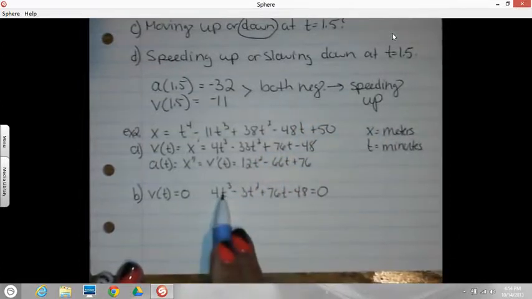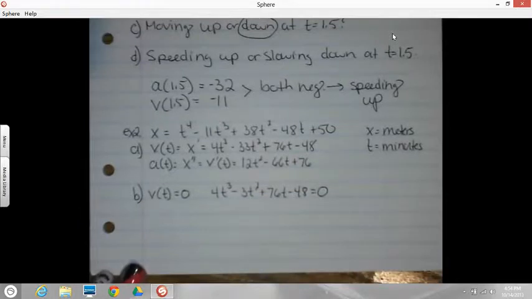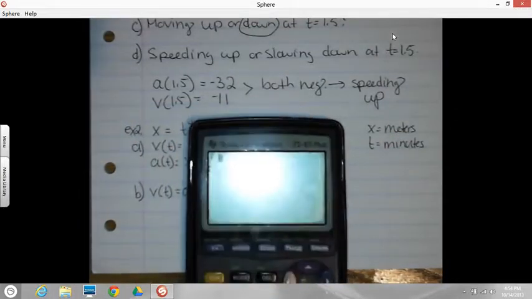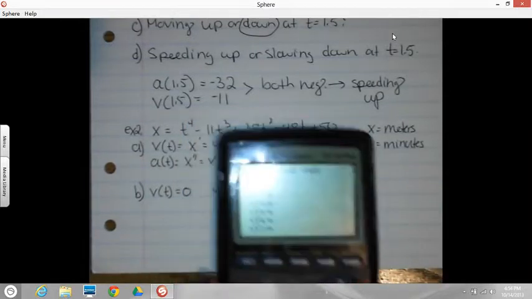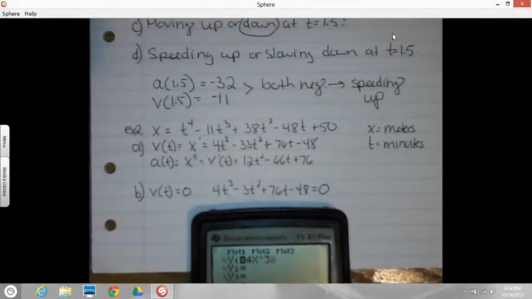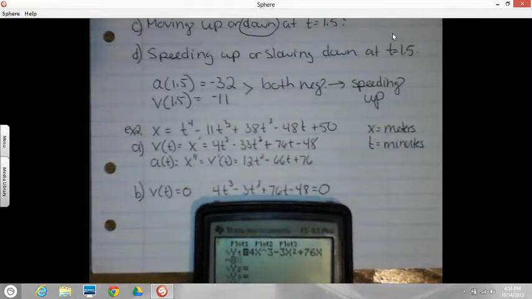Because there's a cubed, a squared, and to the first power, you can't solve that algebraically. You have to use a calculator. So you want to put that equation in: 4x cubed minus 3x squared plus 76x minus 48. Oops, 48.